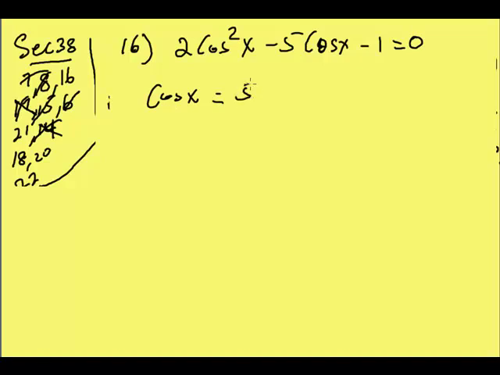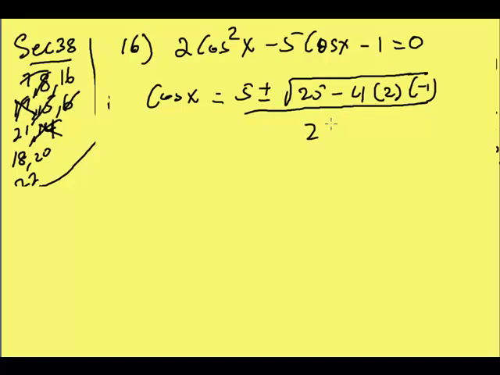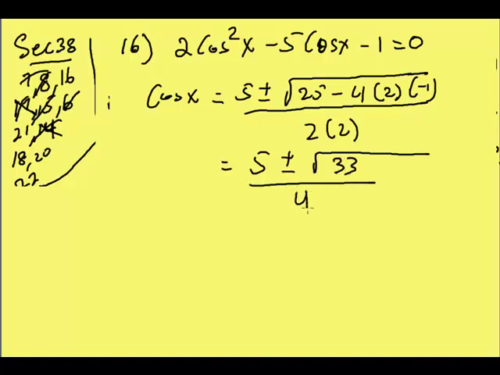Negative b is 5 plus or minus the square root of b squared, which is 25, minus 4 times a, which is 2, times c, which is negative 1. All that's going to be over 2 times 2, which is 5 plus or minus the square root of 25 plus 8, which is going to give me 33, all that over 4.